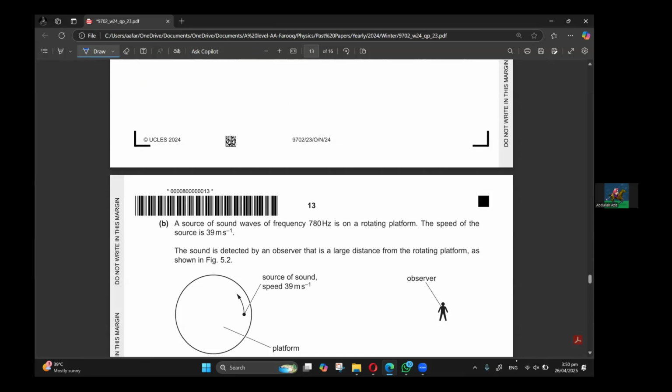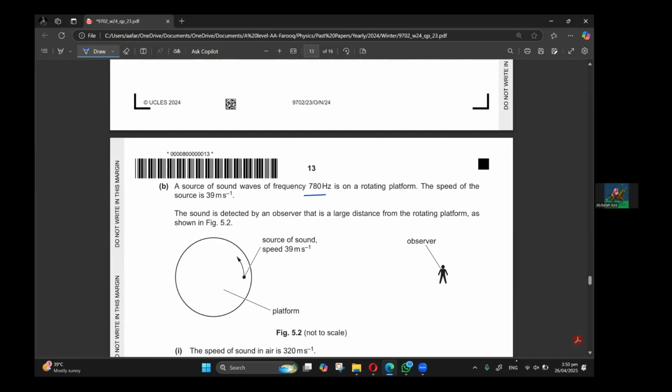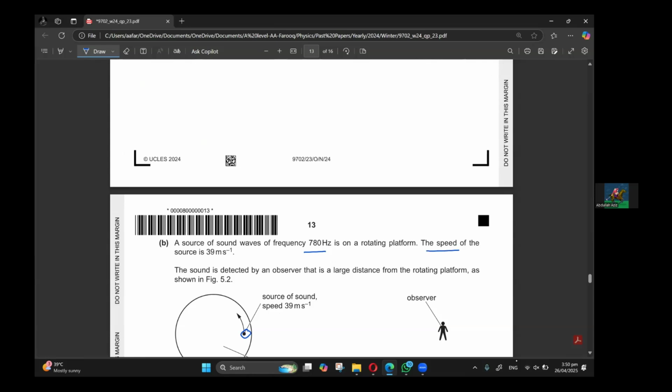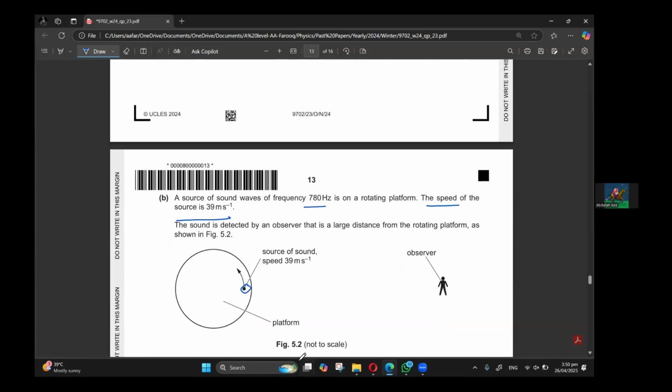A source of sound waves of frequency 780 hertz is on a rotating platform. Okay, this is the source of sound. Speed of the source is 39 meters per second. Sound is detected by an observer that is a large distance from the rotating platform as shown.